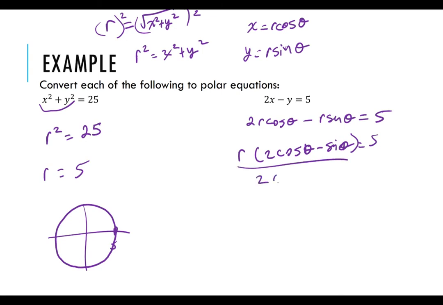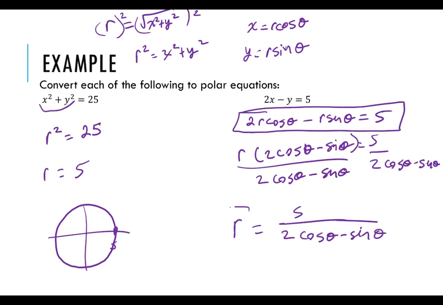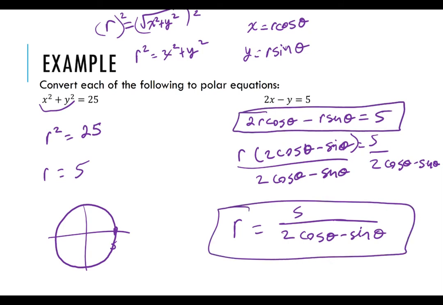Divide both sides by 2 cosine theta minus sine theta, and you could get a polar equation or a polar function: r is equal to 5 divided by 2 cosine theta minus sine theta. But recognize that doing what we did first is perfectly fine, but these are just equivalent ways to write the exact same equation.